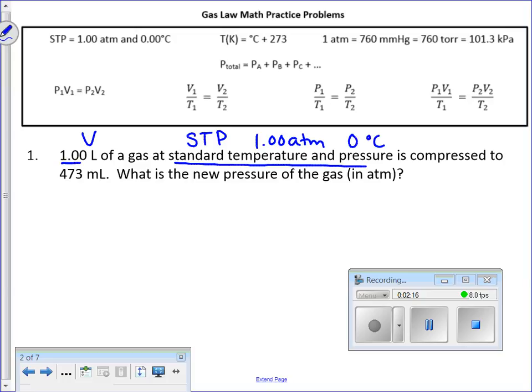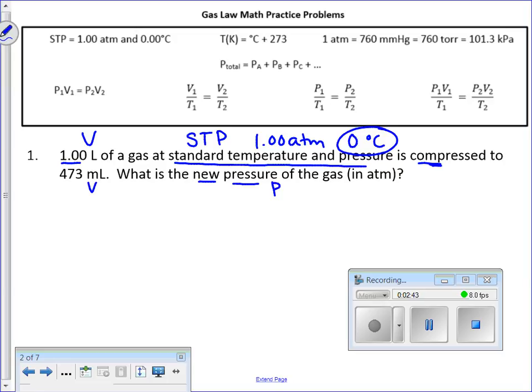This 1 liter volume is compressed, okay? That means the volume is decreased to 473 milliliters. So there's another volume. And I want to know what is the new pressure of the gas. So I want to know another pressure. All right, so I've got volume and pressure, and I've got it twice. Notice how I don't have temperature, so we're going to assume that this temperature did not change because I was not given a new value for temperature.